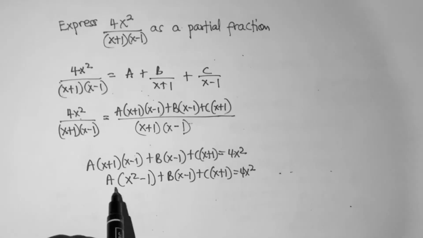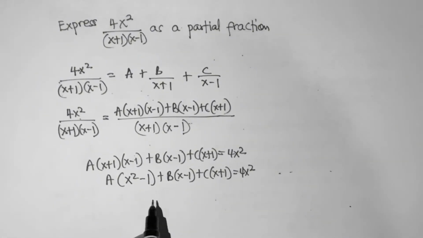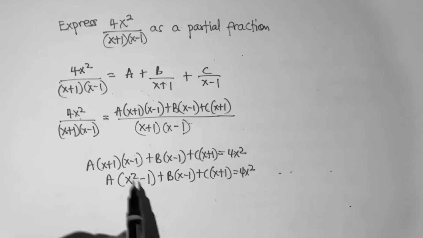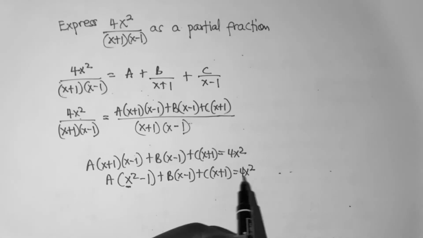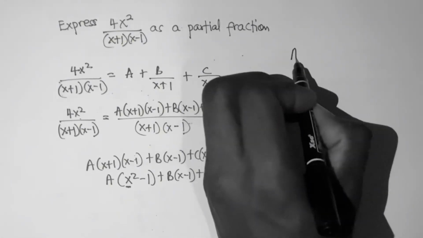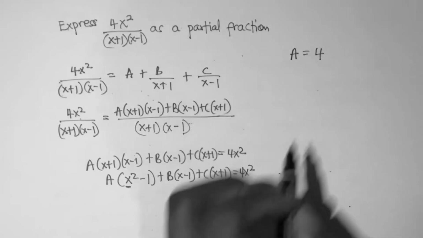From here we can write our system of linear equations and solve them simultaneously. You can see that there is an x squared here, and apart from here there's no other x squared. So Ax squared is equal to 4x squared, and therefore outrightly we see that A is equal to 4.